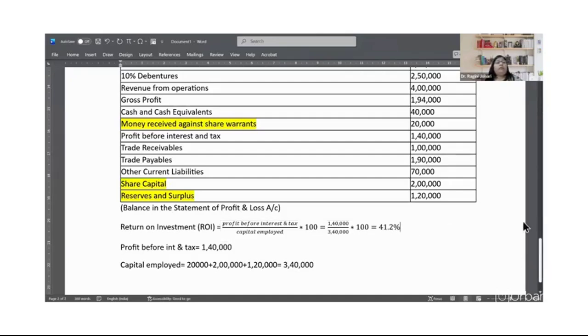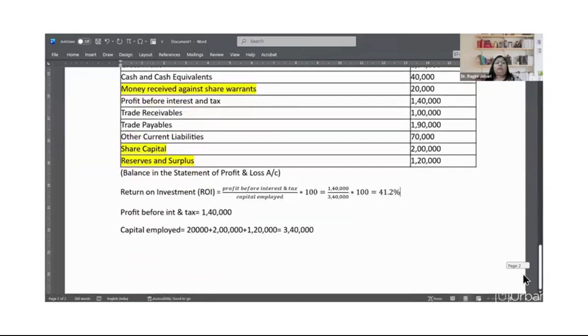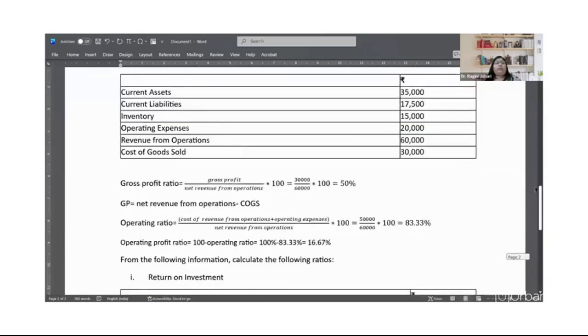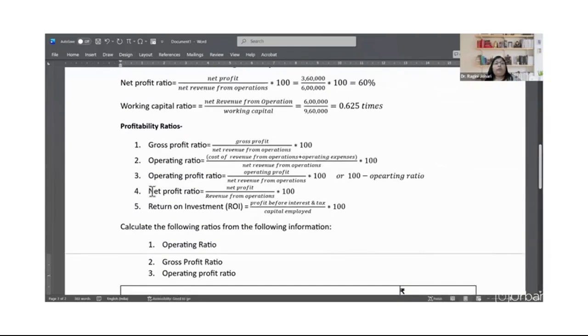Okay. Now, net profit ratio, though we have already calculated it, since the things are given to us, we can even find out the net profit ratio also here. Now, what is the formula for net profit ratio? Since we have done the calculations earlier also, no issues. We will be doing it again.